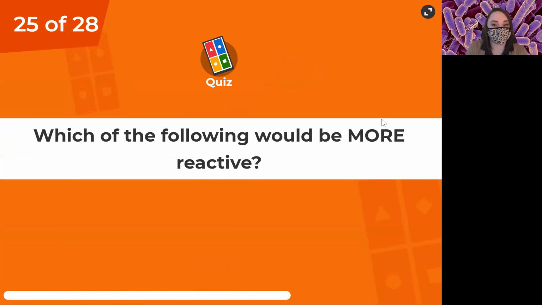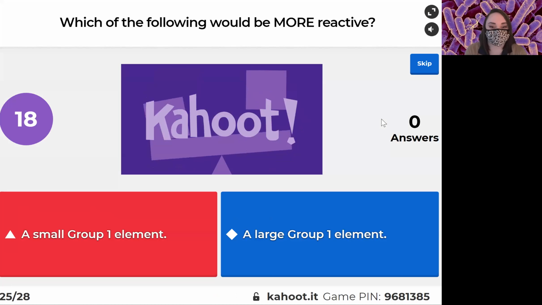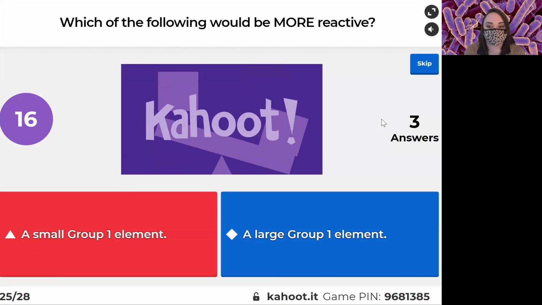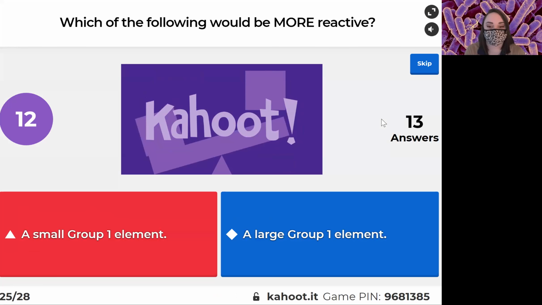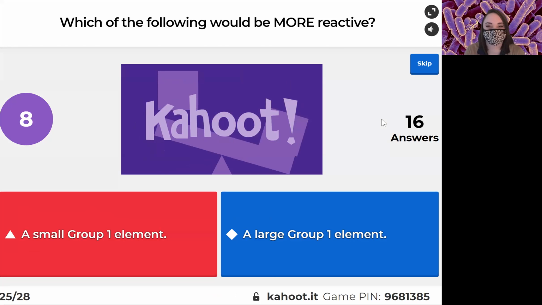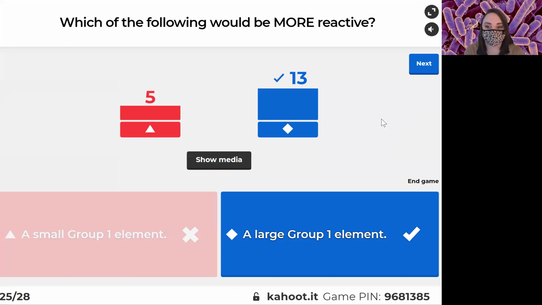Which of the following would be more reactive? All right, this was a tricky one. So remember, groups 1, 2, and 3 want to lose their valence electrons to become more stable.